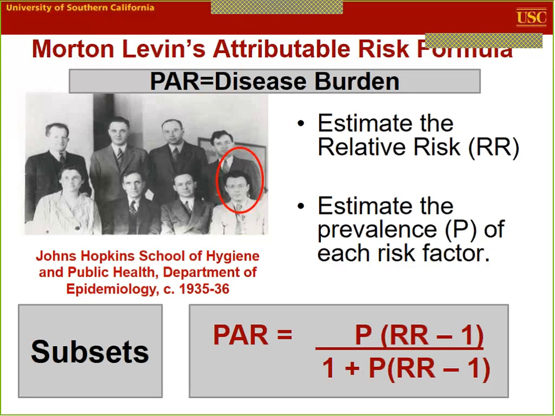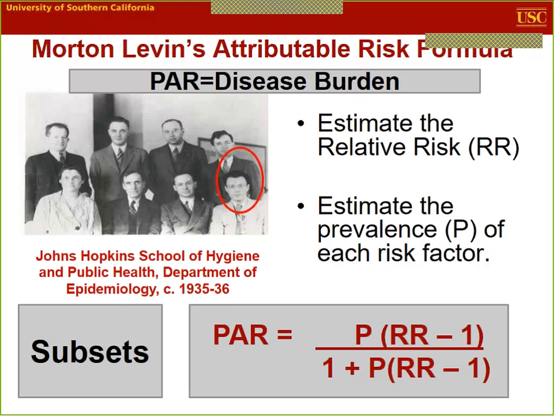Embedded in this is the idea of causation, and in fact that RR, relative risk, is for a causal factor. And then the attendant promise that removing the exposure or dropping the relative risk, that would be harm reduction, leads to a diminution of disease burden.